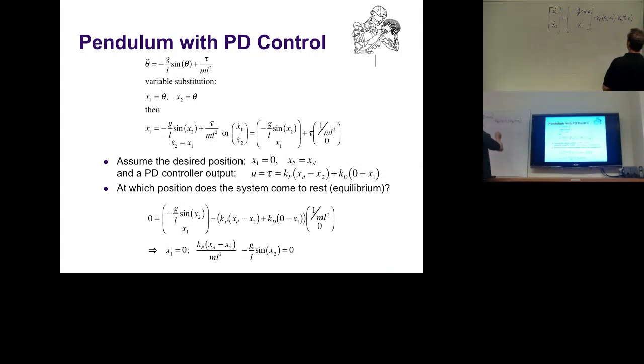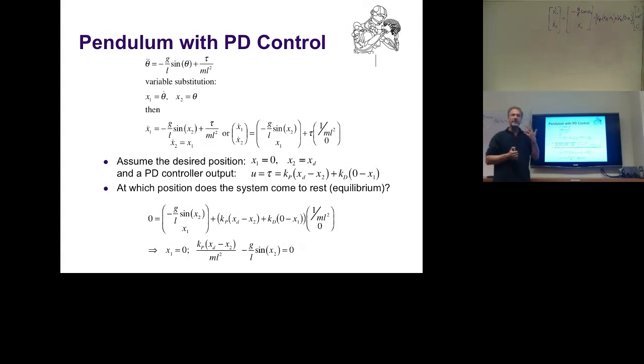And then I have to basically put this all in parentheses, so let me make some parentheses around this, and multiply it with 1 over ml squared, 0. Okay, we just squished it there, should be all there. It's there. Okay, so this is just this equation, basically you have this equation inserting tau and putting the u in there.